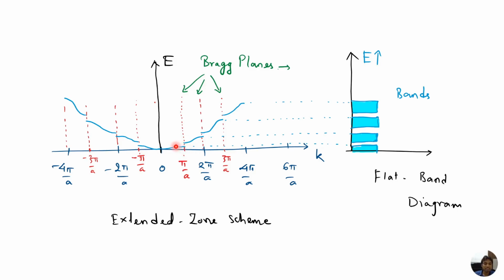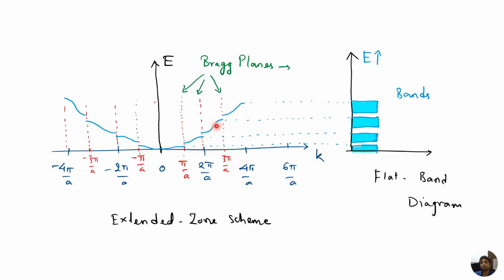Now you see, this leads us to the formation of bands. From here, this corresponds to a certain energy level. Then there is a discontinuity, and the energy starts from a little higher value and truncates at a certain upper value. So here is another band.